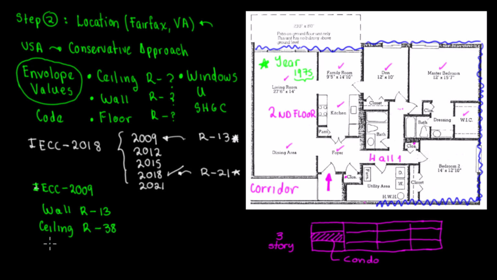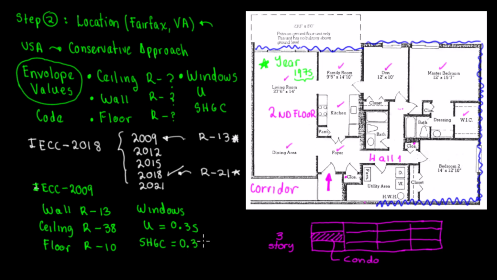The other one is going to be for the floor. For the floor, we have R10. For the windows, the U value equals 0.35, and the solar heat gain coefficient equals 0.3.